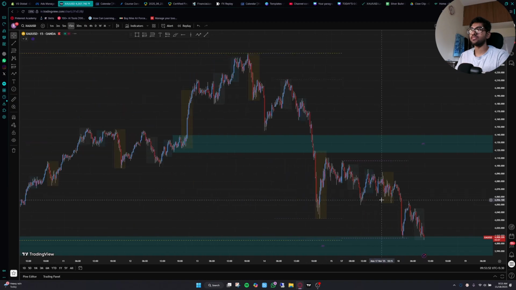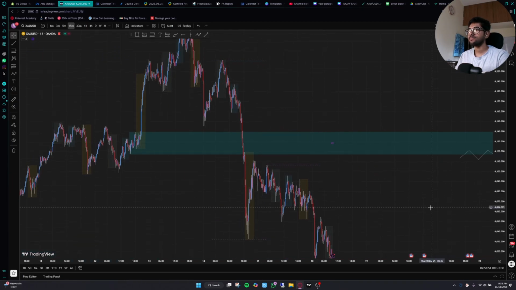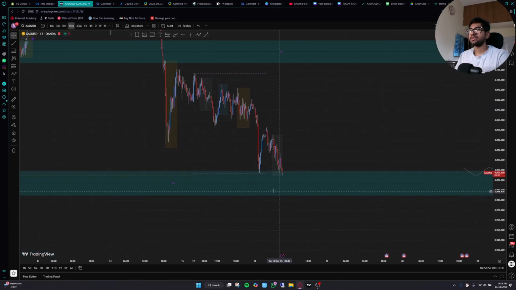Now moving on to the 15. The reason I drew this order block is that all this liquidity is yet to be grabbed, like the whole previous day. You can see the previous day's high is resting right up here, along with this entire liquidity.